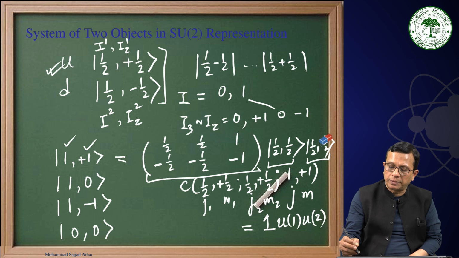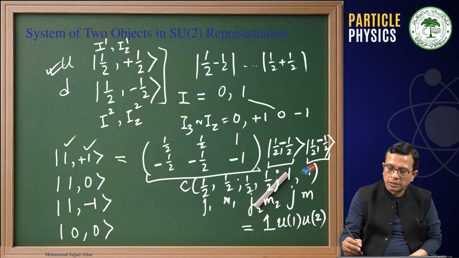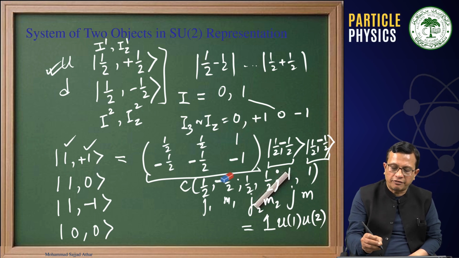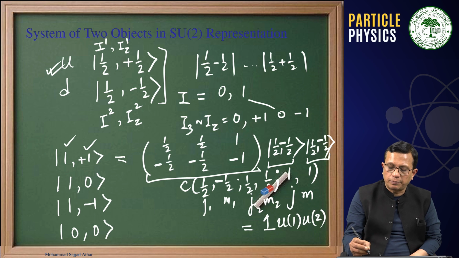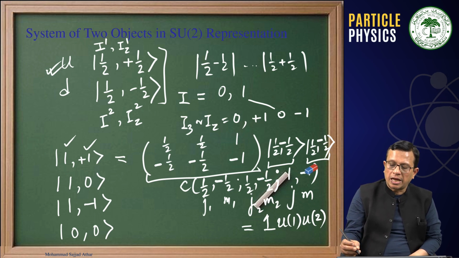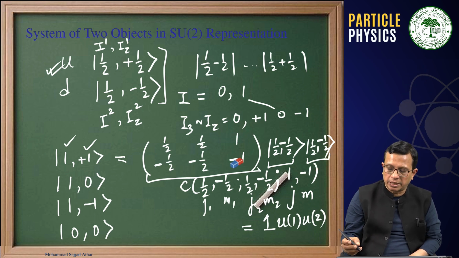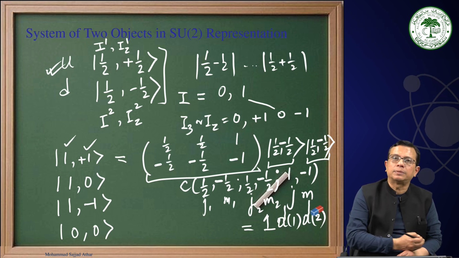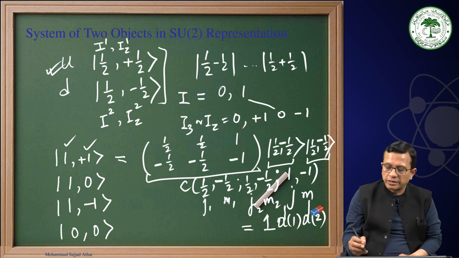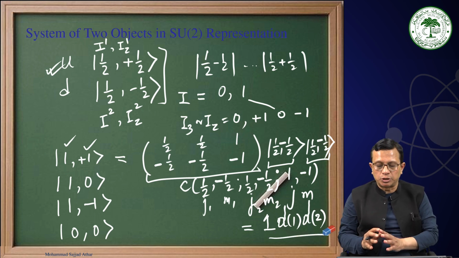Therefore we have half minus half as J1 M1, half minus half as J2 M2, and 1 minus 1 as J M, and this value also turns out to be 1 in the Clebsch-Gordan table. Half minus half is a D object, and the other is also a D object, half minus half. Therefore we wrote it as D1 D2.